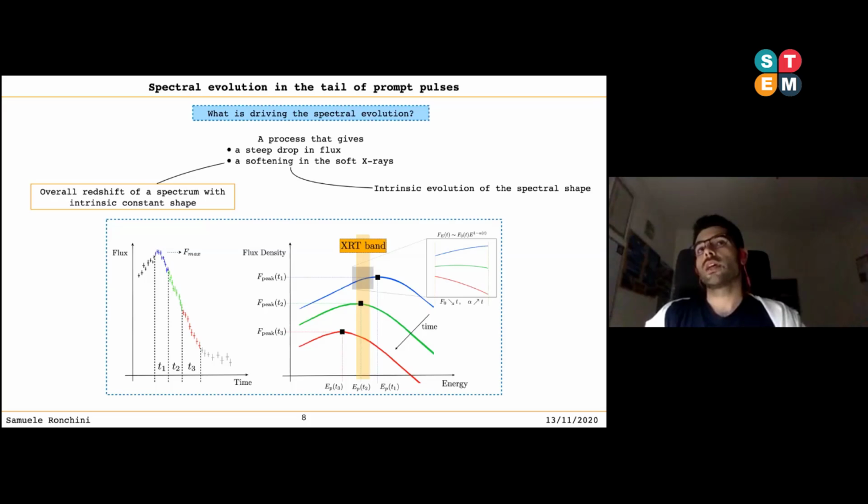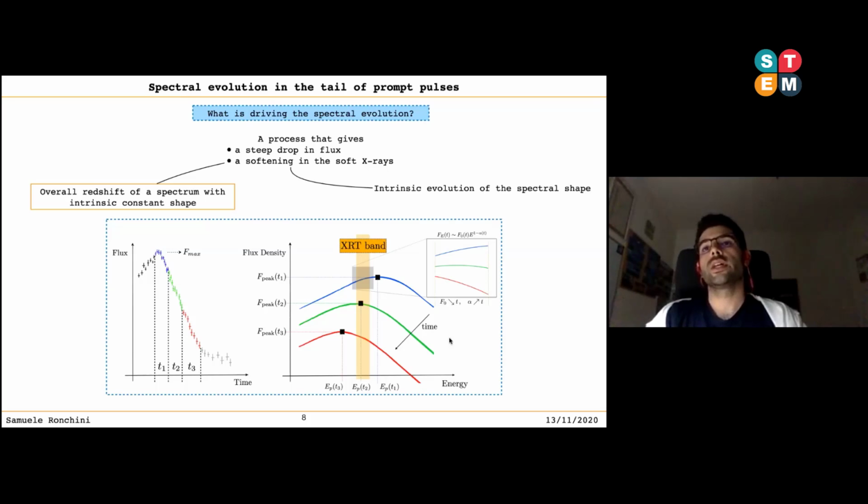Now the softening can be given either by an intrinsic evolution of the spectral shape, or by an overall redshift of the spectrum with an intrinsic constant shape. And in particular, we focused on this second possibility, which is represented in this sketch on the bottom part.